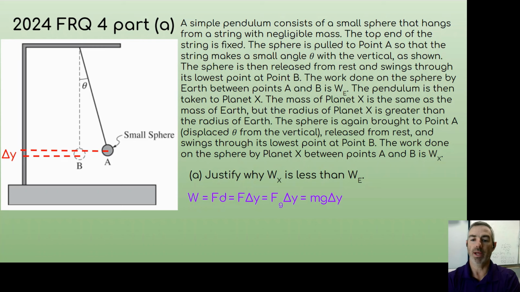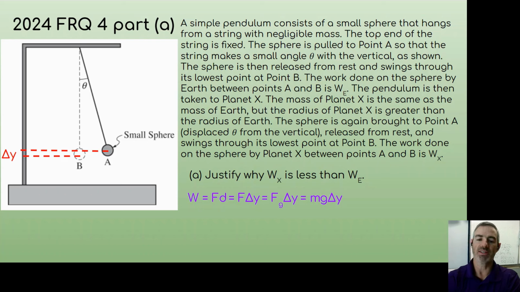The mass of the pendulum bob is constant. Delta y is constant because the angle it's pulled back is the same. So the only thing that is going to impact this is the acceleration due to gravity.